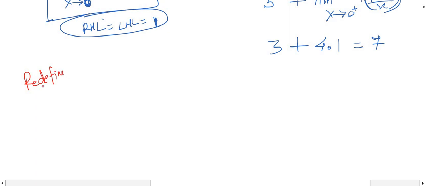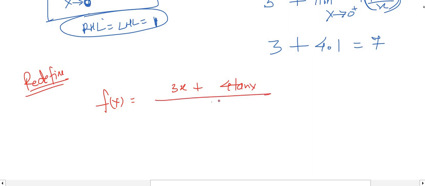So we can give a new definition to the function, redefine it. How can we redefine it? Can I write f(x) is (3x + 4 tan x)/x when x is not equal to 0, but it is equal to 7 when x is equal to 0?